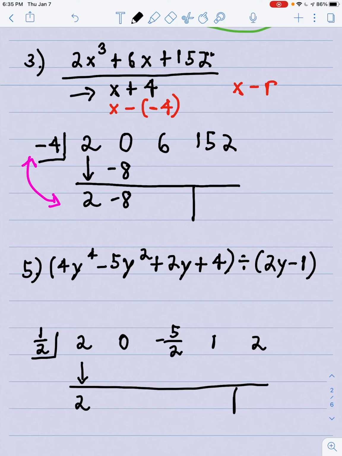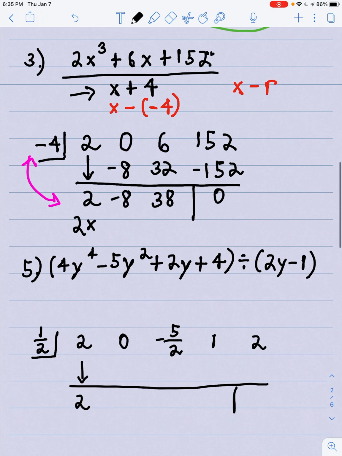When I add, that's -8. -4 times -8 is 32. When I add, that's 38. -4 times 38 is -152. How convenient. So when we add, our remainder is 0. So interpreting our answer, this would be 2x squared, 1 degree less, remember, than the original degree of 3 up here, then minus 8x plus 38.